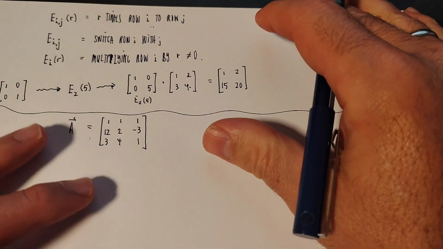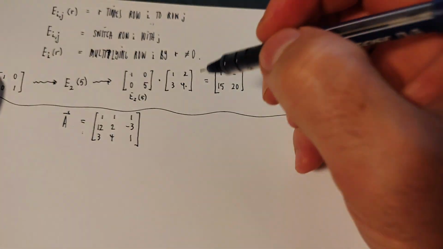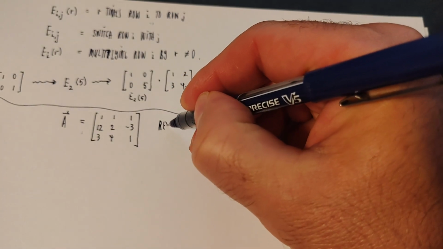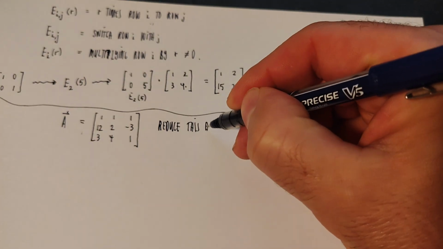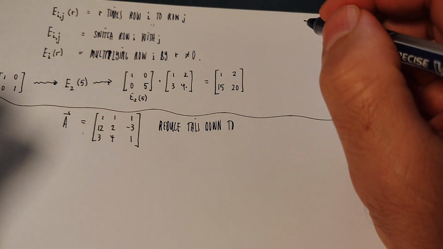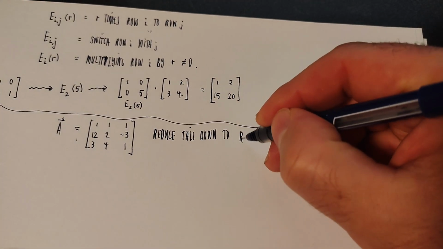Okay. So we want to reduce this matrix down to what's called row echelon form.